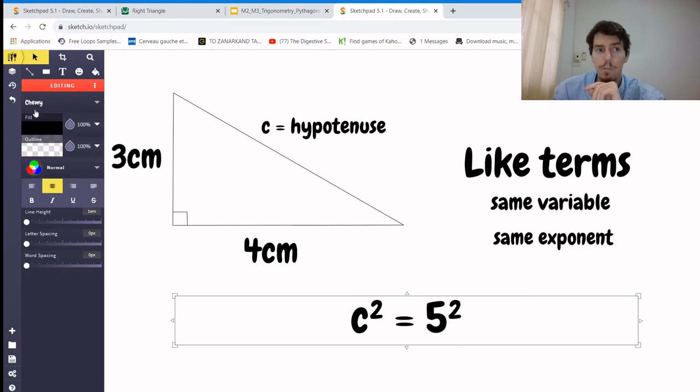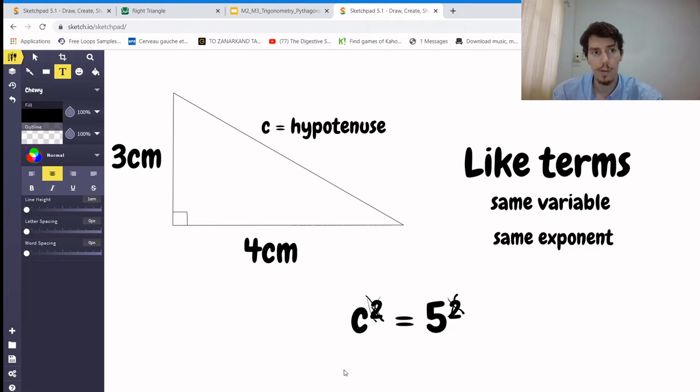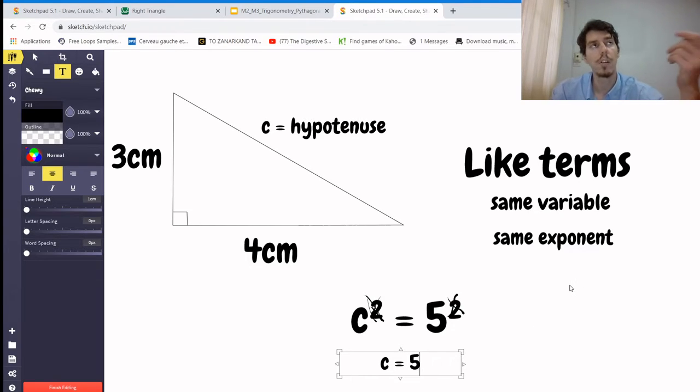So what you can do in this situation is just cancel, cross the squares, because we have only one term on the two sides. When you do that, you get c equals 5. So this is the easiest way to do it, but you cannot do it all the time.